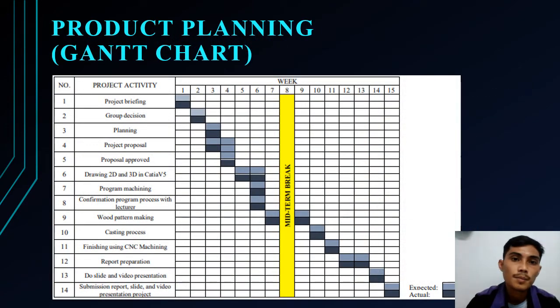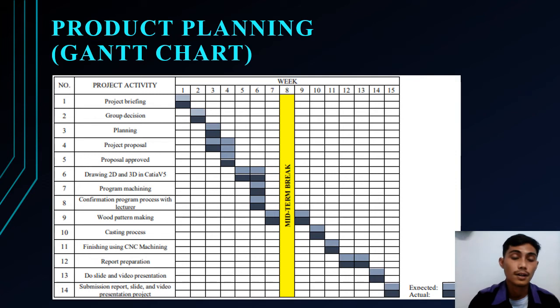Okay, product planning. In the first week we do a project briefing with Dr. Fariza, and the second week is the group decision between our group. The third week is planning what design we should do to proceed with the project.